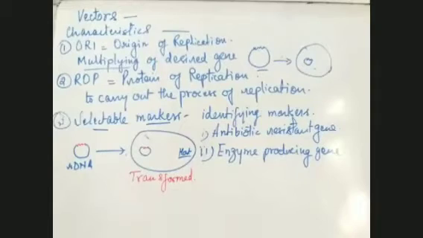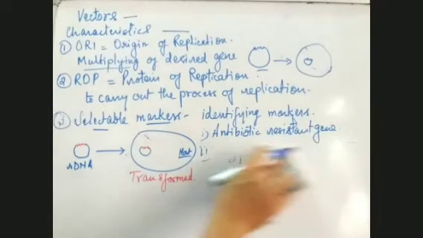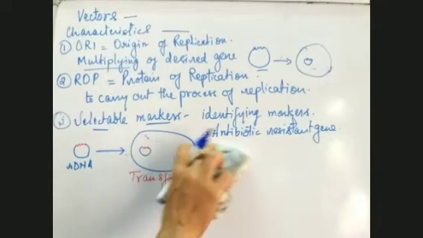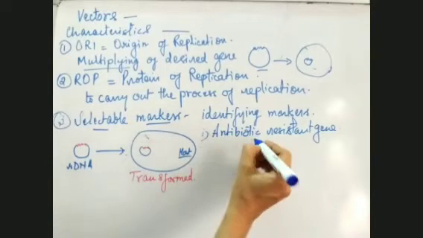Okay, so these are of two types. In the antibiotic resistant case, we mostly use two markers. One is ampicillin resistance and another is tetracycline resistance.